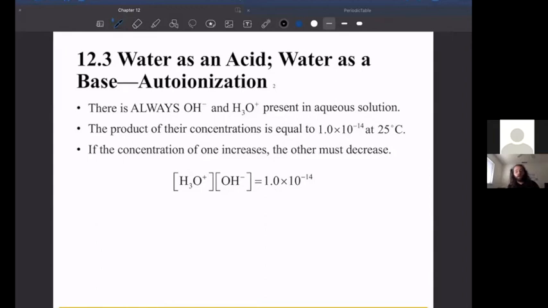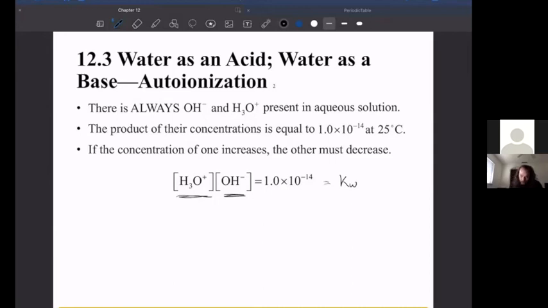Nonetheless, there's always a little bit of both hydroxide ions and hydronium ions in solution. And they're always in this perfect ratio where the concentration of hydronium ions times the concentration of hydroxide ions is equal to 1 times 10 to the negative 14. This is what's sometimes referred to as the Kw of water.